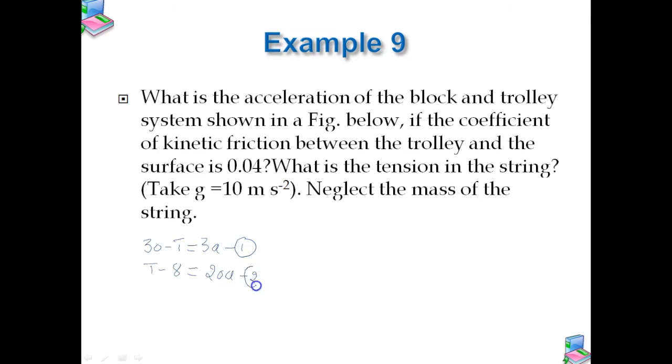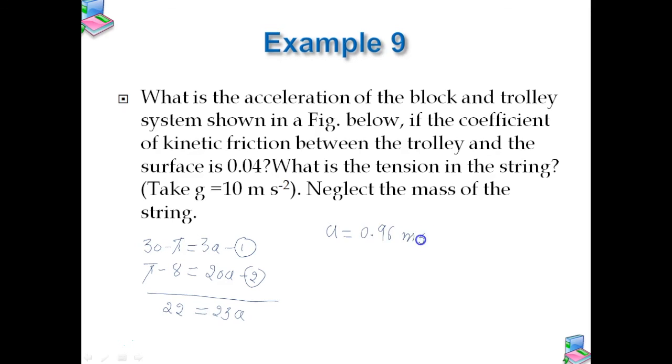These are simultaneous equations. We can solve them directly since there is a minus and a plus sign, so this T and this T get cancelled, and 30 minus 8 is 22, equal to 23a.